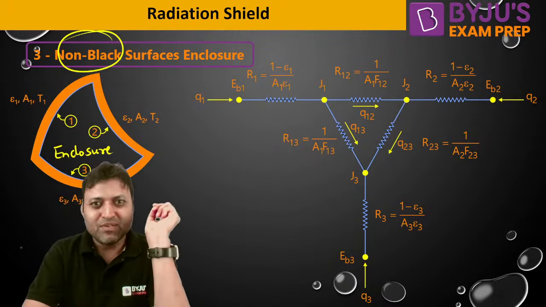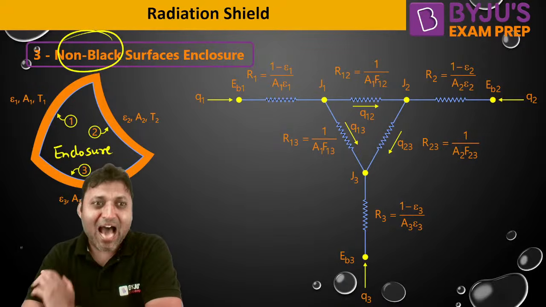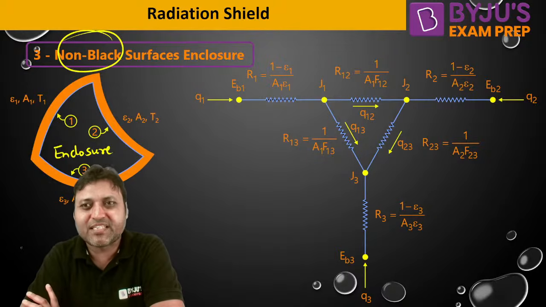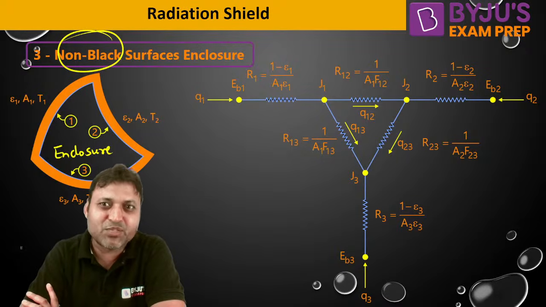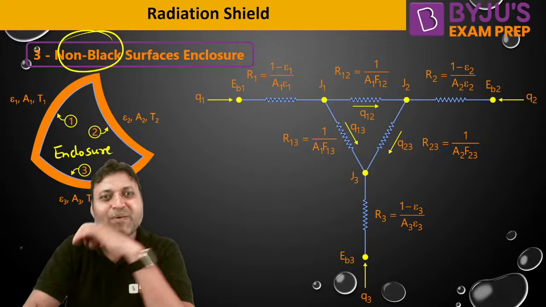R1 is the surface resistance for 1, R2 is the surface resistance for 2, R3 is the surface resistance for 3. R12 is the space resistance between 1 and 2, and R13 and R23 will again be space resistances.